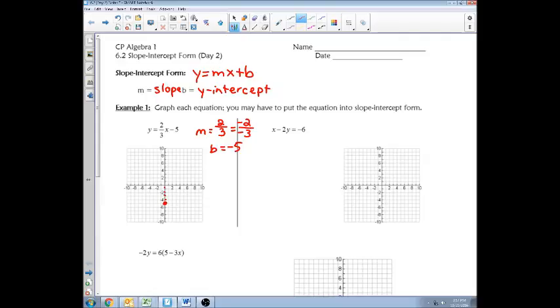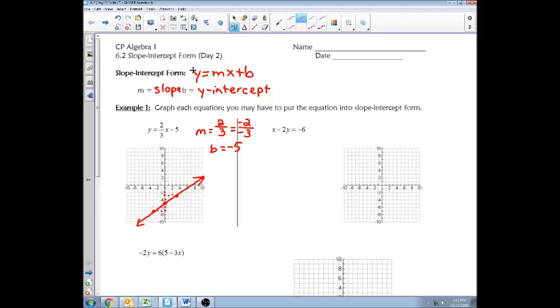Make a point. Then for the point on the right of my y-intercept, I'm going to go up 2, right 3. To the left, down 2, left 3. And there is my line.